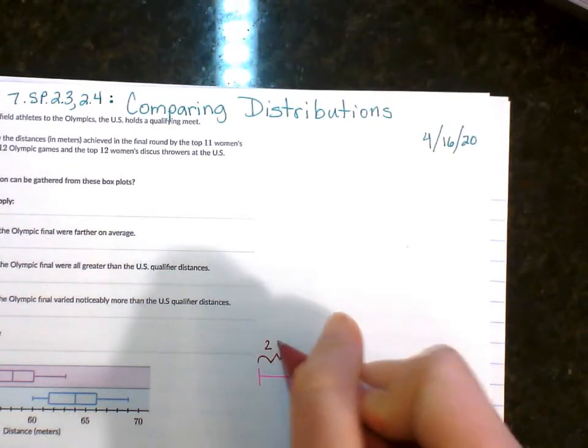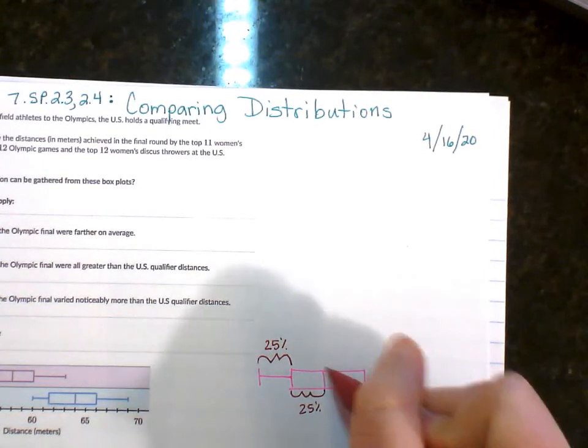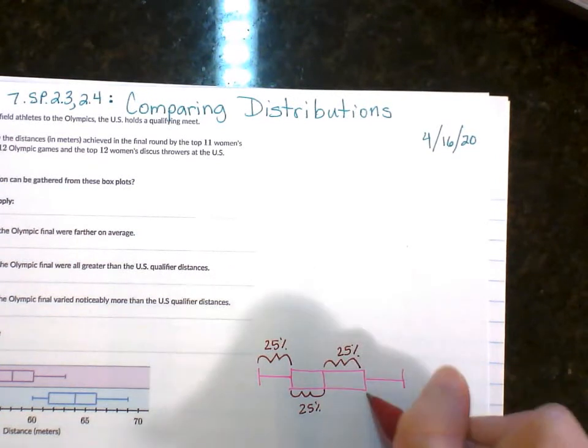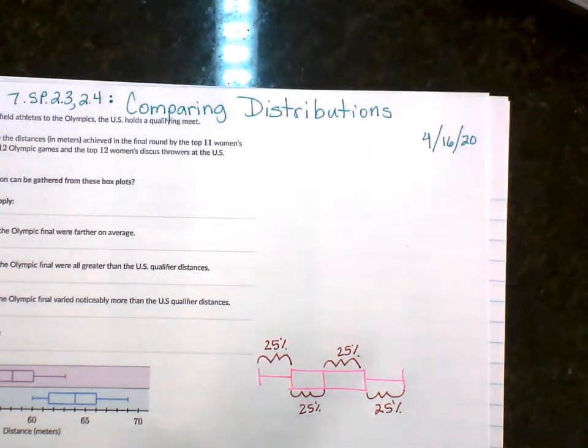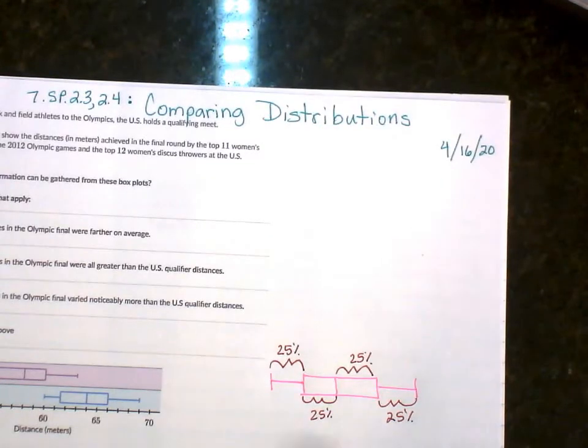This is 25% of our data, this is 25%, this is 25%, and this is 25%. Four 25s, or 4 quarters, makes 1, makes 100%.